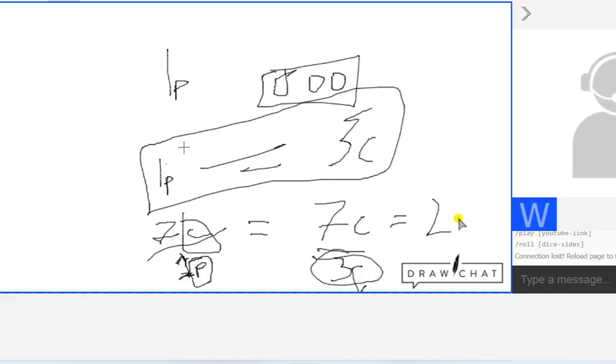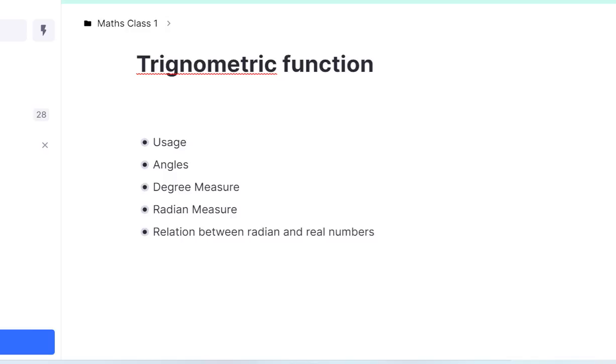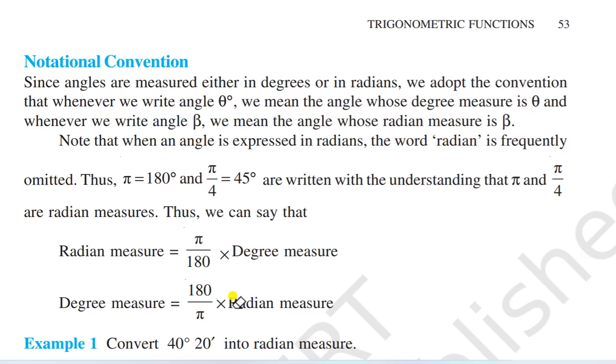You get two packets and one chocolate left, right? So it's basically like that, right? We cannot divide across different units. So that is why we are doing it like this.